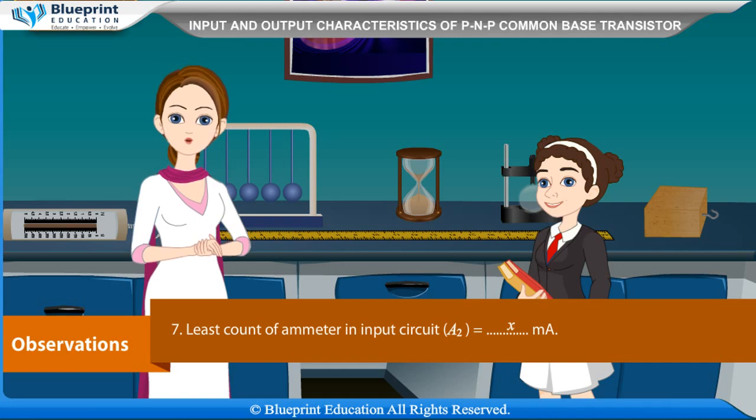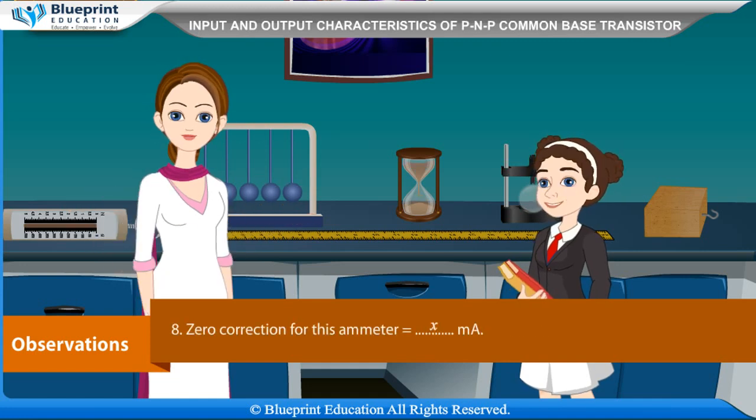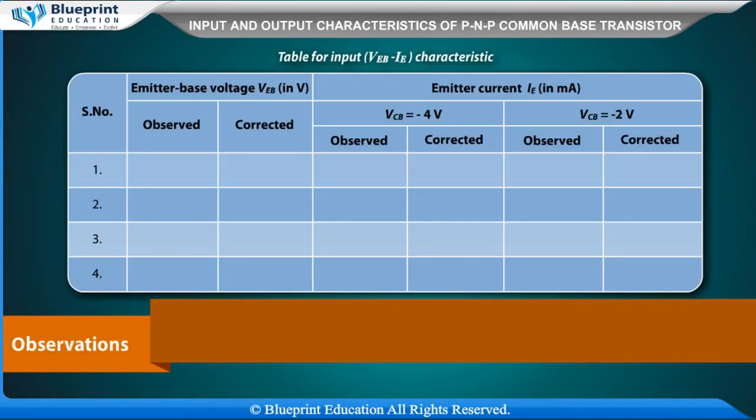Least count of ammeter in output circuit A2 is equal to X milliampere. Zero correction for this ammeter is equal to X milliampere. Table for input, VEB minus IE characteristic.